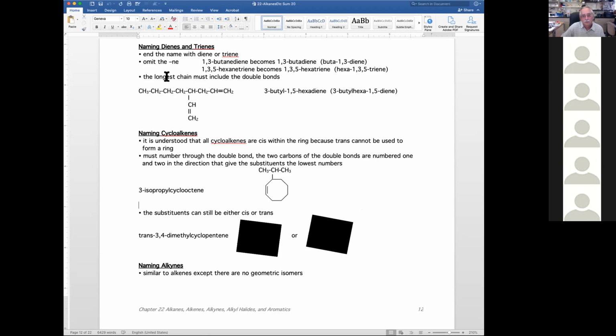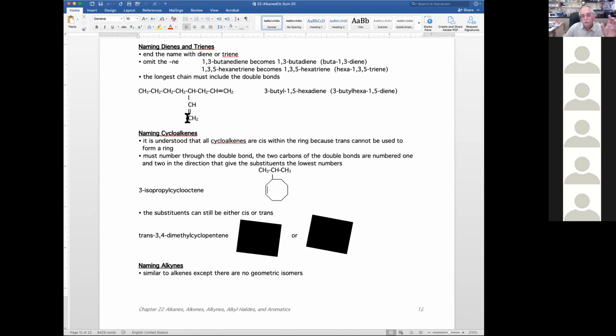And the longest chain must include all the double bonds, right? So if I look at this one right here, what's the longest chain? 1, 2, 3, 4, 5, 6, 7, 8. Or 1, 2, 3, 4, 5. Wait a minute. What do I do here?